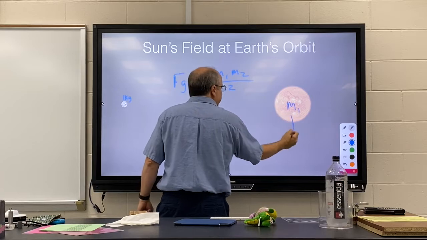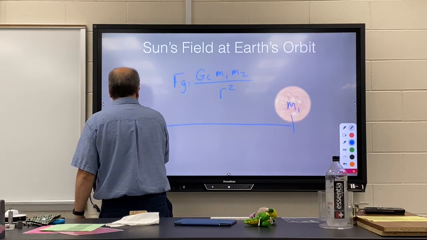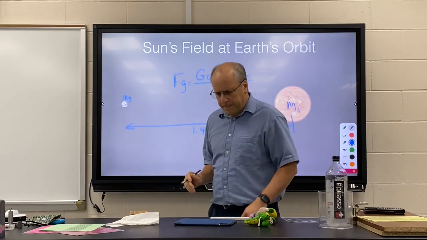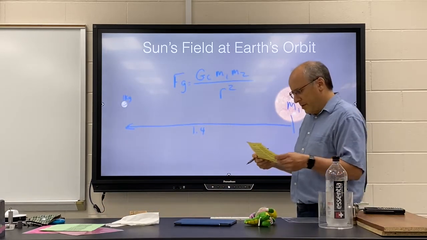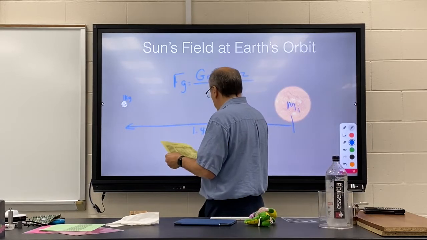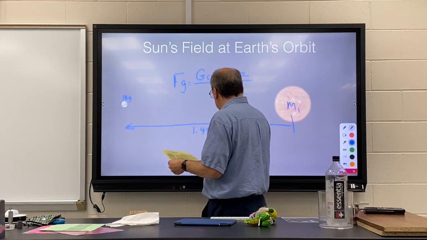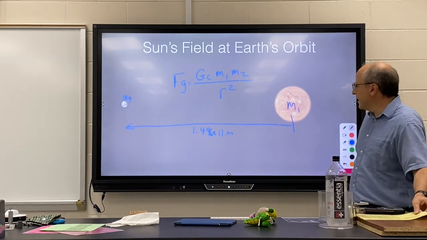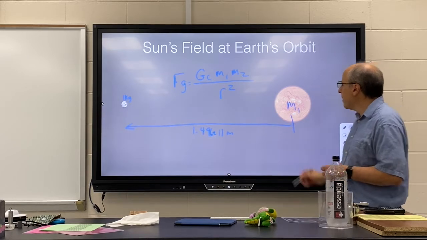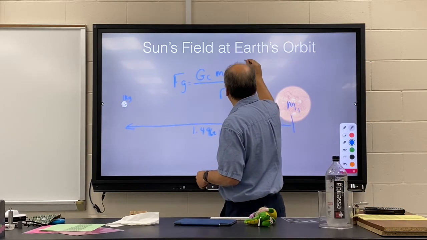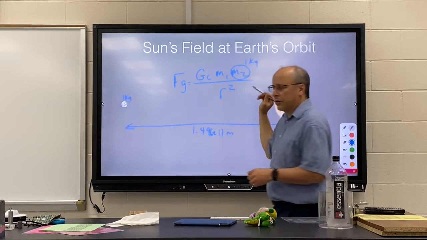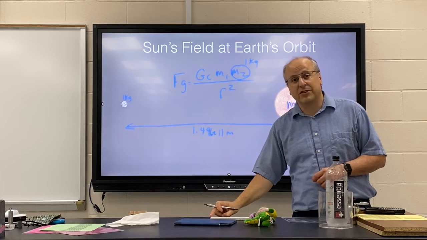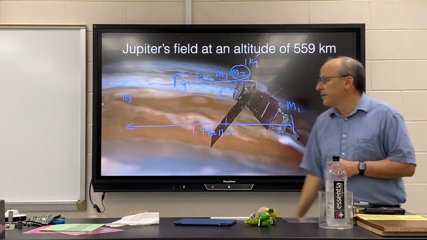We're just using the radius of the Earth's orbit, which would be 1.496 e to the 11th. Use that as your distance from the sun to the earth. But again, instead of using the mass of the earth, just do it per 1 kilogram. All right? That gives you the strength of the sun's field where the earth is located.